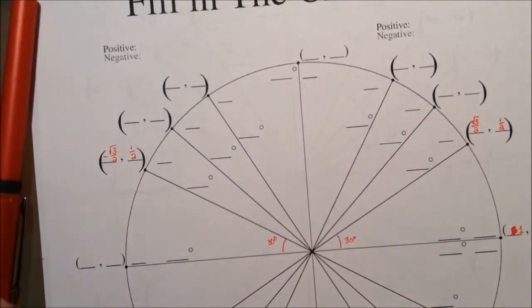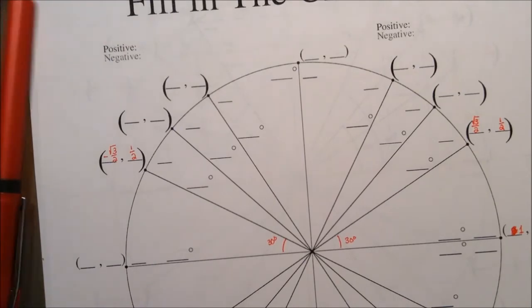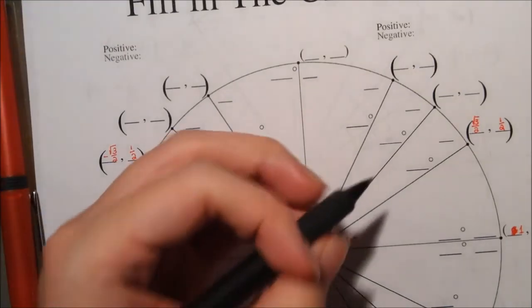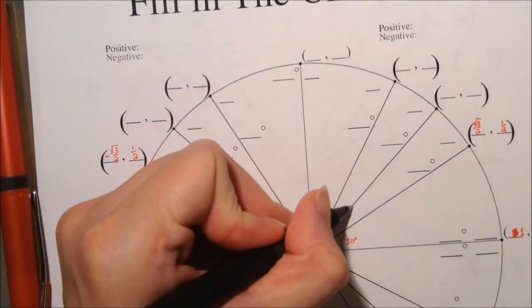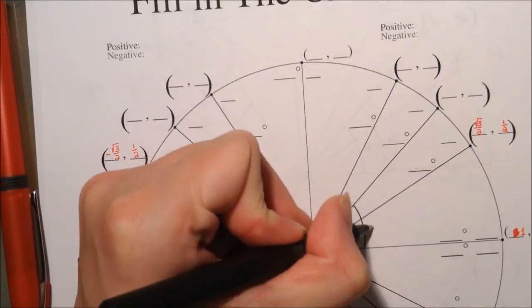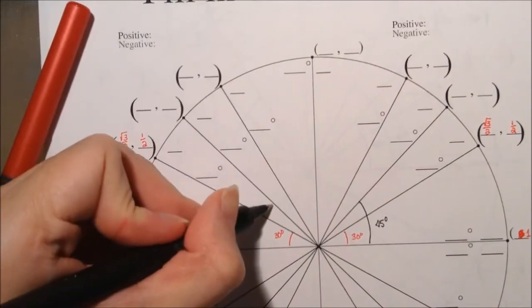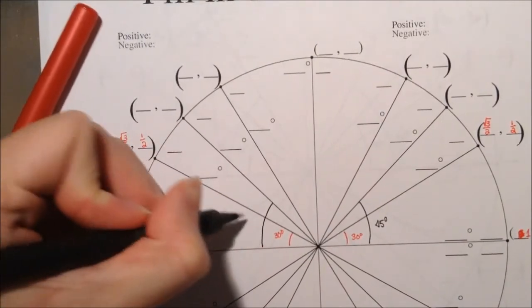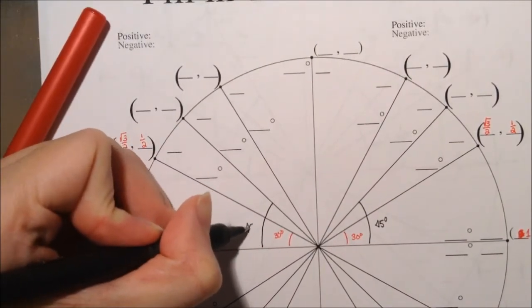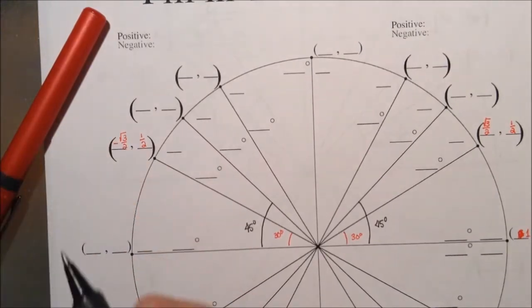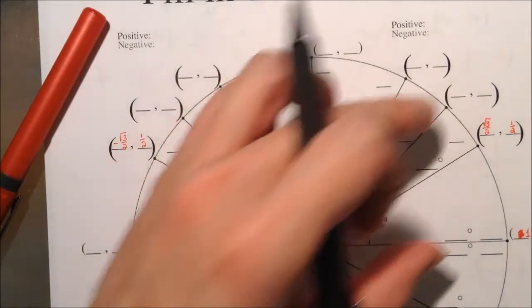Now let's do the second one, which is 45 degrees. And I can say the same thing here, 45 degrees. We're connecting the dots between quadrant 1 and quadrant 2.